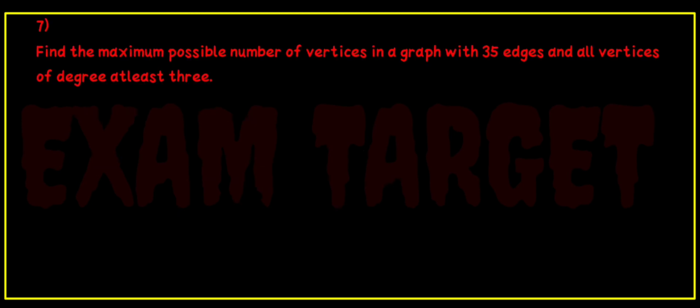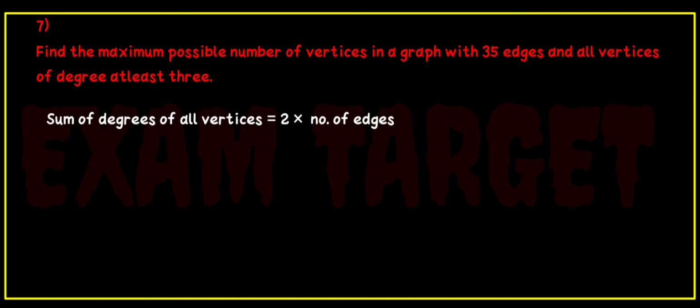Let us move to question number 7. Find the maximum possible number of vertices in a graph with 35 edges and all vertices of degree at least 3. We know the formula sum of degree of all vertices equals twice the number of edges.